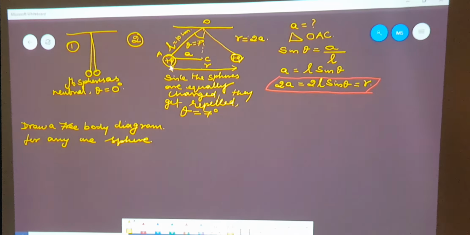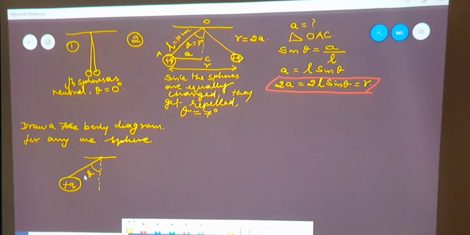Let us take this sphere at A. See, you have the charge Q here. Now the string is along this direction from the rigid support. This is the vertical line. The angle described is theta.